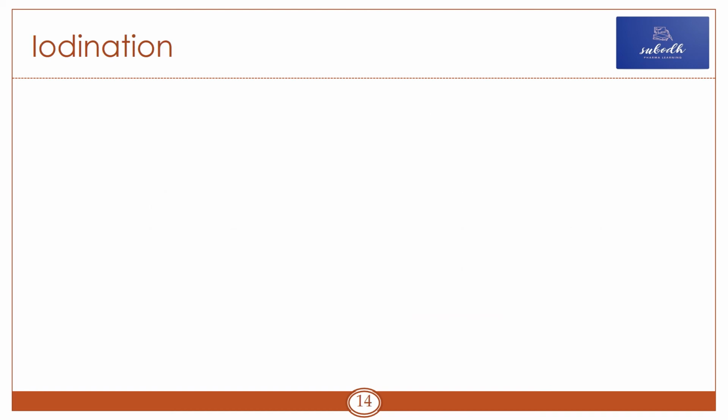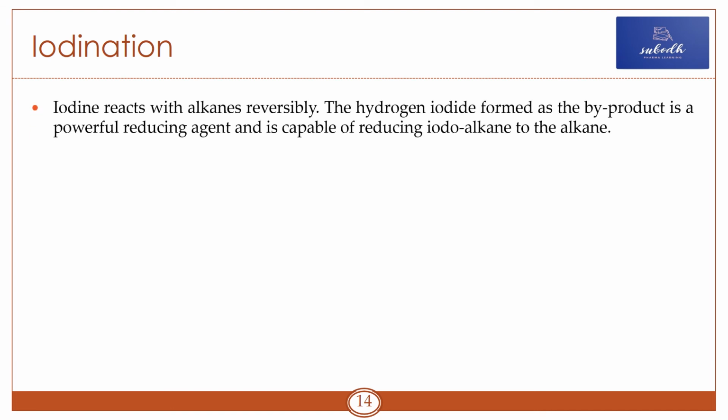Now we will see the iodination of alkanes. Iodine reacts with alkanes reversibly because the hydrogen iodide formed as a byproduct is a powerful reducing agent, and it reduces iodoalkane to alkane again.